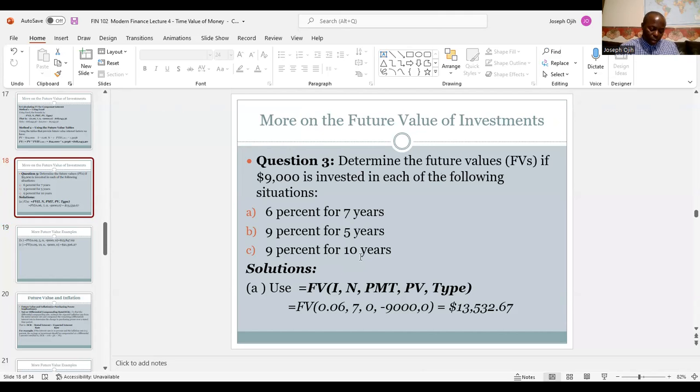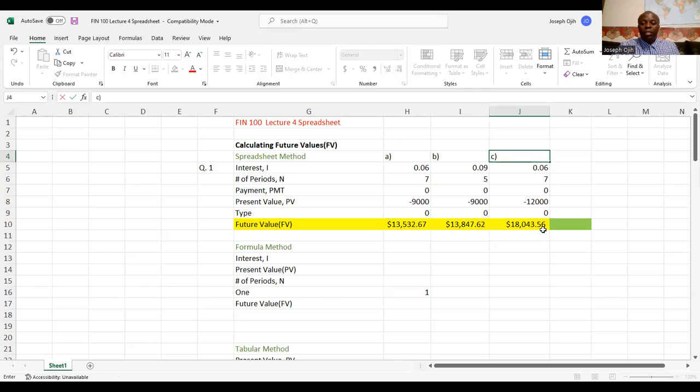Next is payment. No payment is made until the end of the 10 years, so it's 0. The present value, the amount invested, is 9,000, and the type is 0 since you get the money at the end of the period. Again, watch as I put it in, it will recalculate.